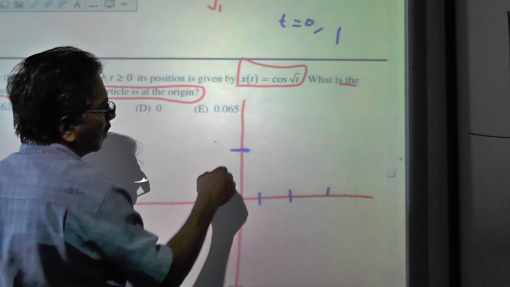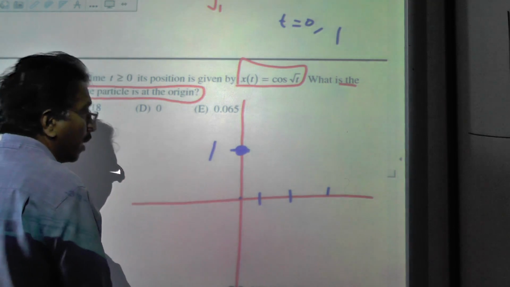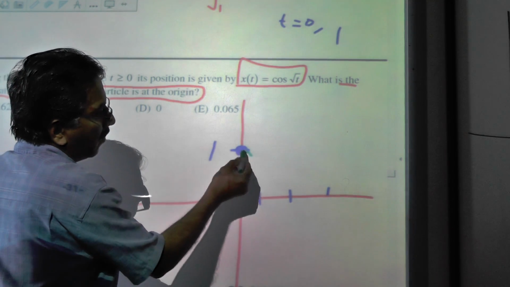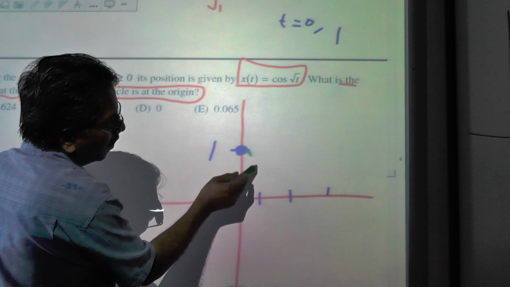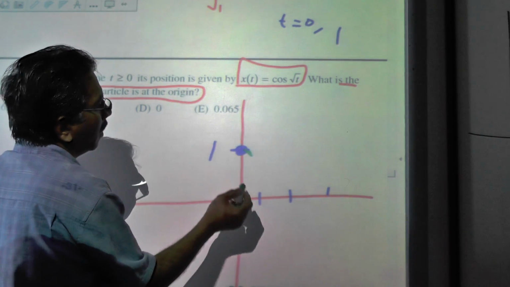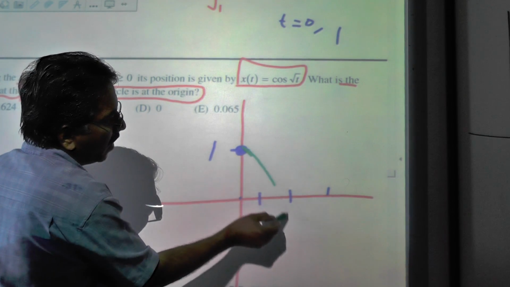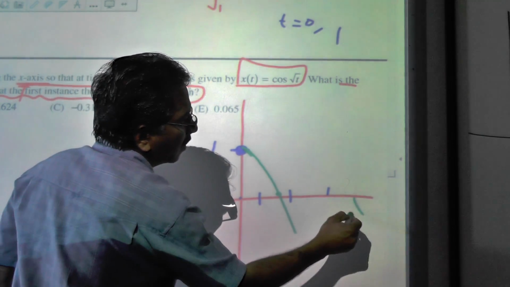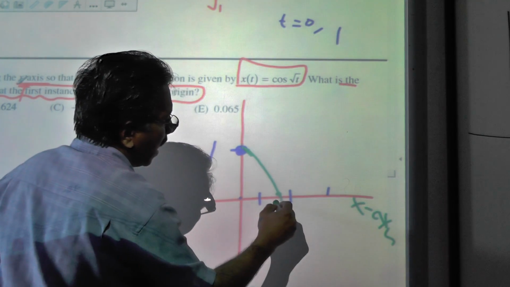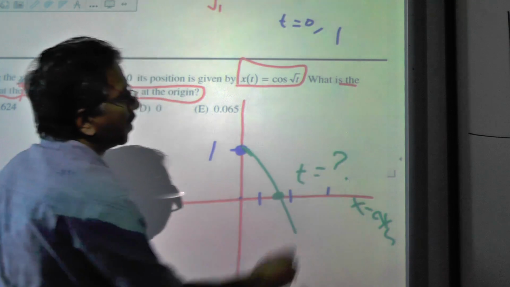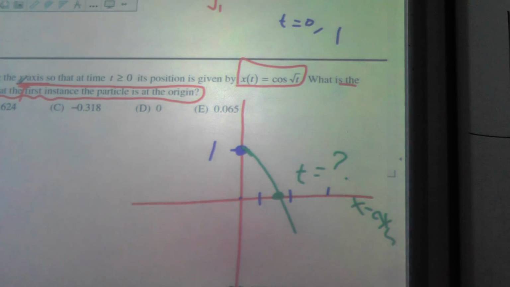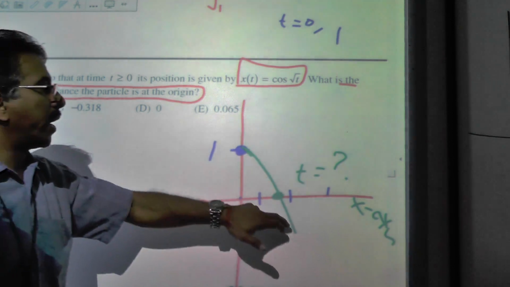It's like it starts here, and then it goes down now. We have to see when it goes to the starting point, meaning somewhere here it will cross the x-axis. So that is what we have to figure out: what is t? And once you get this, then we need to figure out the velocity the first time it crosses the x-axis.